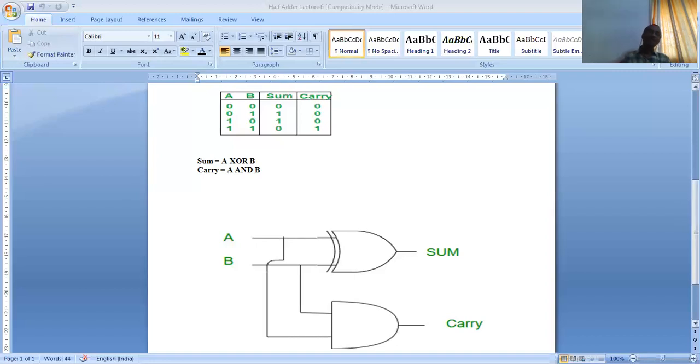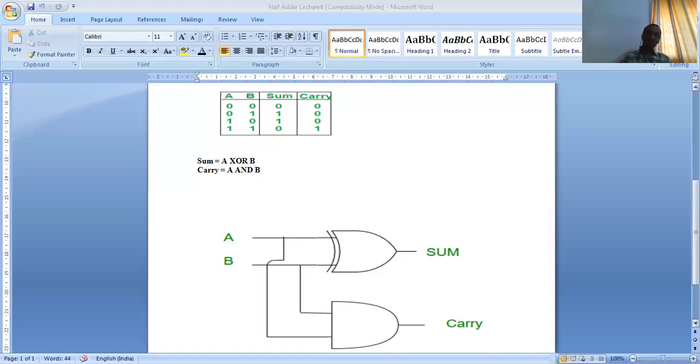What is the difference? We can't see any carry in the first three cases, but in the last case, that is when A equal to 1, B equal to 1, the sum is 0, but carry is 1.